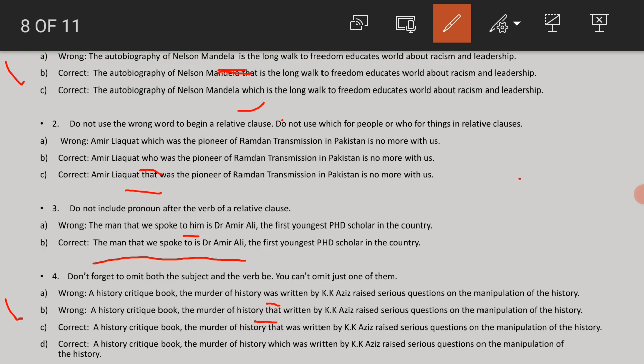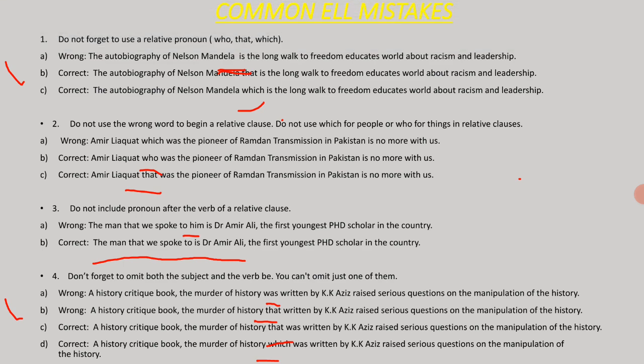So the correct sentence should be, a history critique book, The Mother of History, that was written by K.K. Aziz, raised serious questions on the manipulation of the history. Or you can even use which in this sentence. Why? Because which is used for things, and that can be used both for things as well as for people.